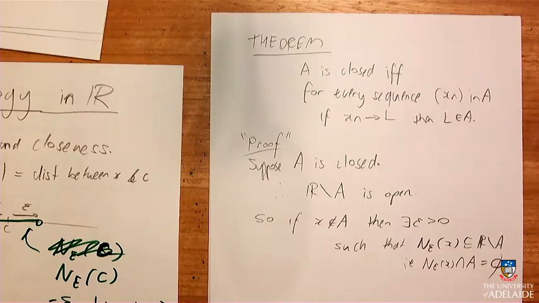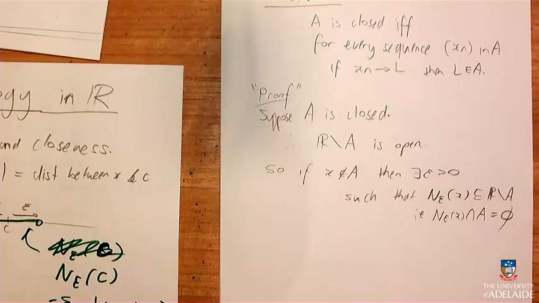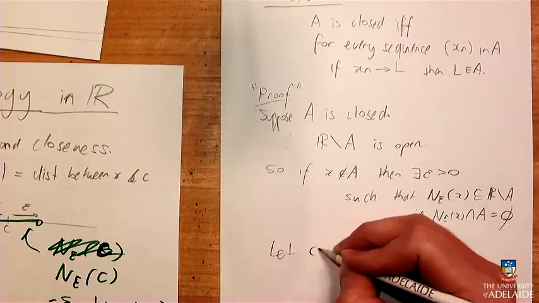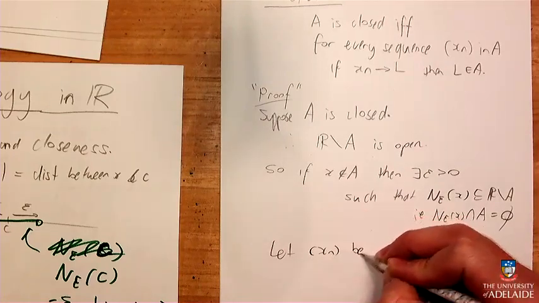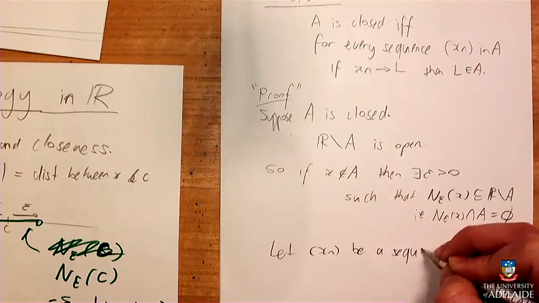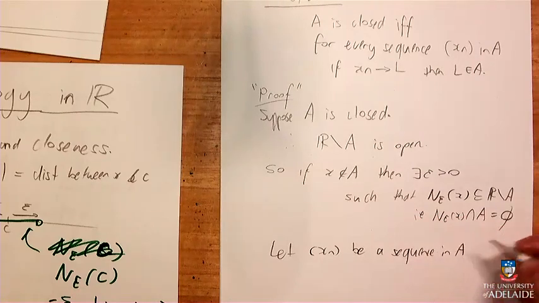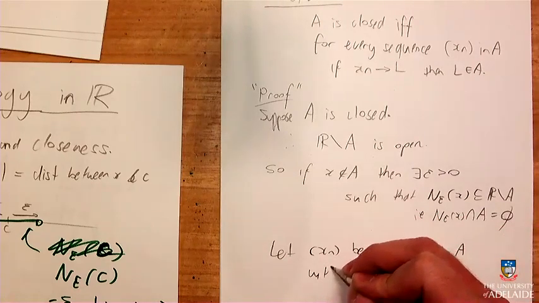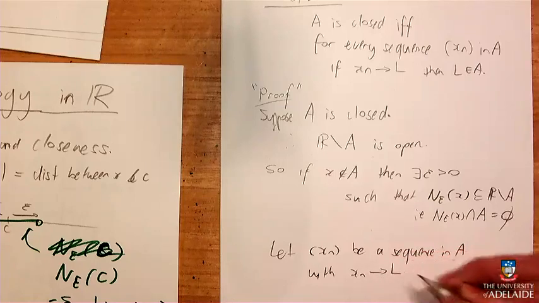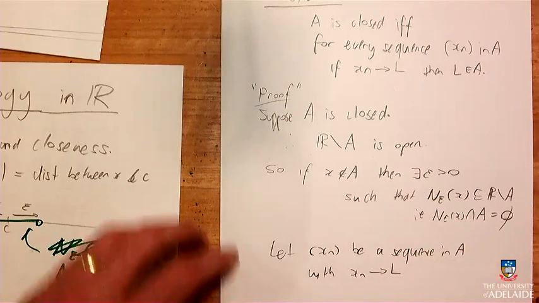And suppose I want to show that every sequence that's in A that converges to something, then that L has to be in A. So I would need to say, well, let this be a sequence in A that converges to L. So I'm doing the forward bit.